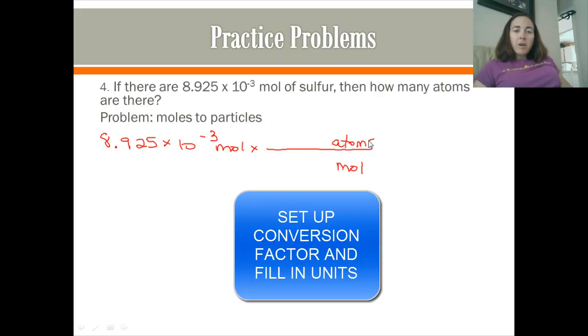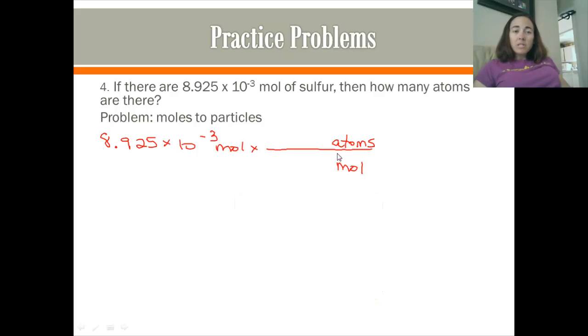In this problem, I know I need atoms on top because that's what I'm looking for, and I need moles to cancel. Avogadro's number goes here because I've learned that there's 6 times 10 to the 23rd atoms in 1 mole of any substance. So moles cancels with moles, and I'm going to multiply straight across here. 8.925 times 10 to the negative 3 times 6.02 times 10 to the 23rd.